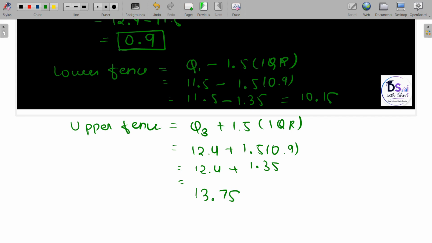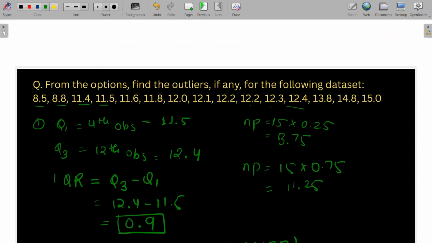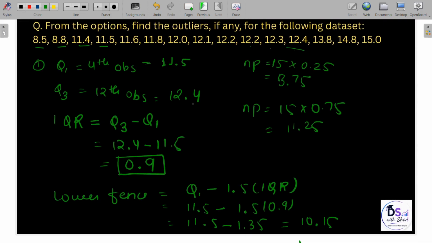Now we need the observations where x is less than 10.15 or x is greater than 13.75. So in the data set, 8.5 and 8.8, these two are less than 10.15. So in the collection of outliers, we can write 8.5, 8.8, right?